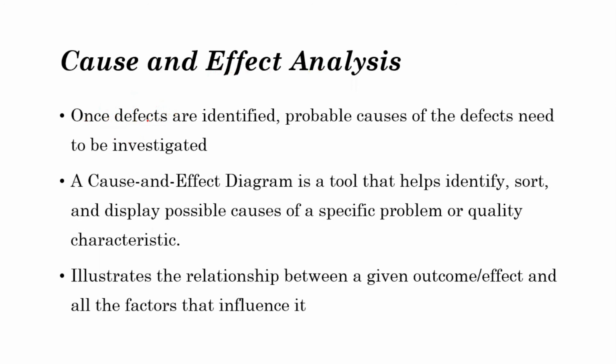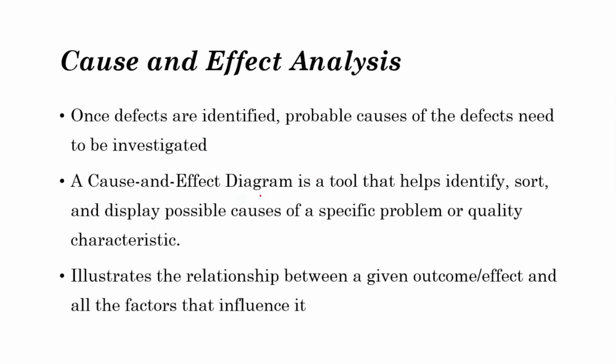So when you want to investigate the probable cause of the effect, then you go on identifying what are the possible causes. And the cause and effect analysis would give you a frame within which you could identify those probable causes.